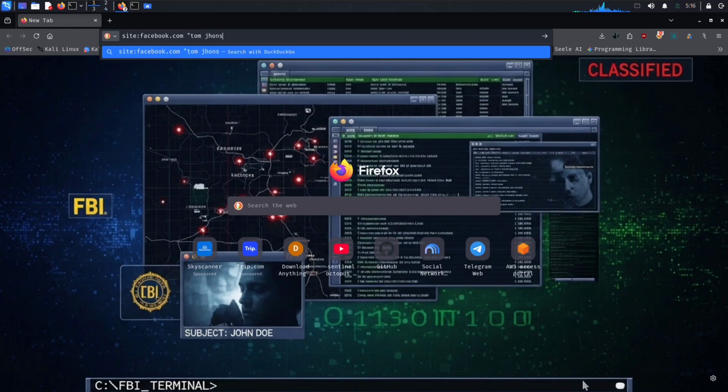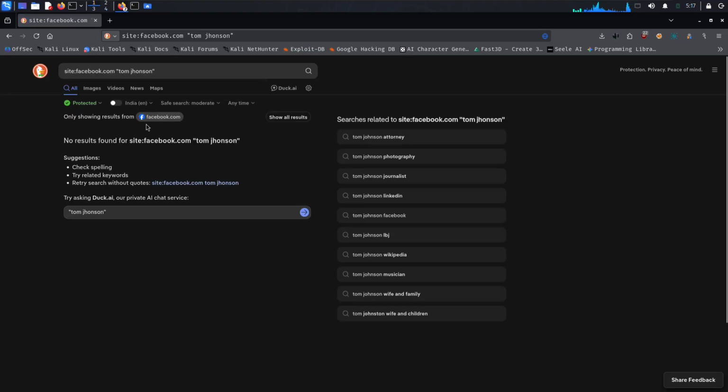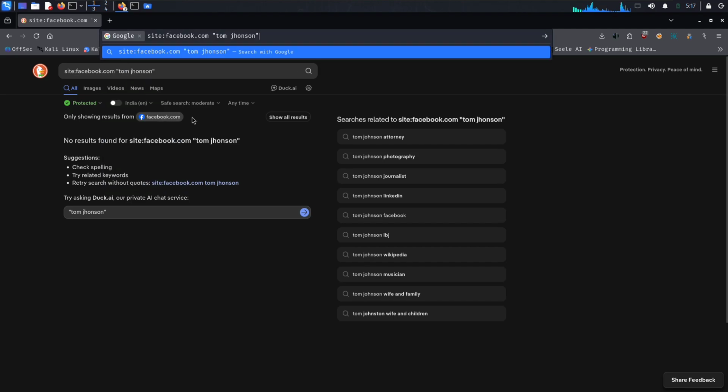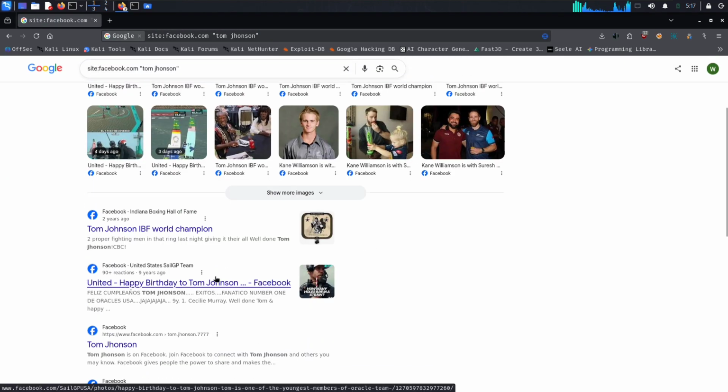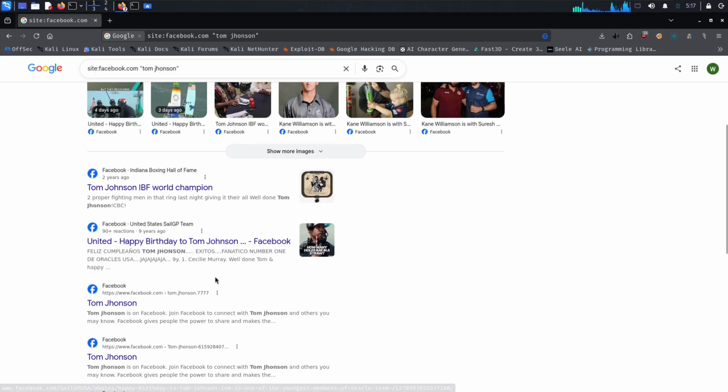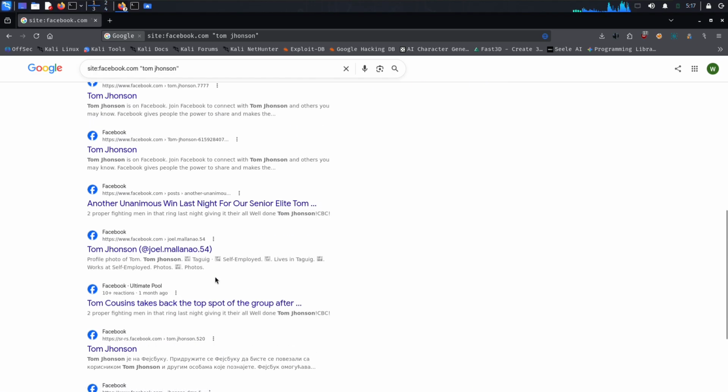For example, you could replace facebook.com with another publicly searchable website and see whether the same name or username appears there. This gives you much more control over your investigation because you're not simply asking an automated tool to search everywhere. You are deciding which platform to investigate and what information to look for.